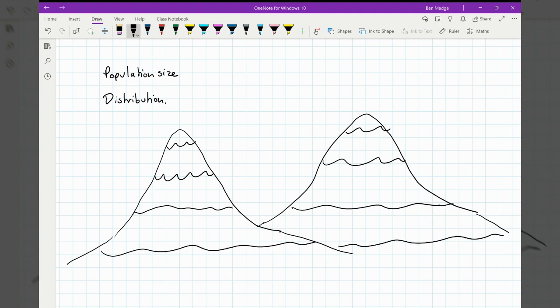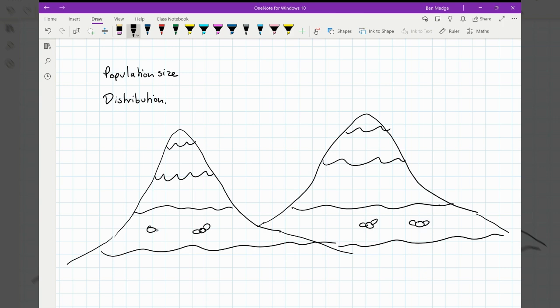So we have a species of insect, for example, that can cope in this climatic zone here, in the lower reaches of the mountains. It's just the right temperature.